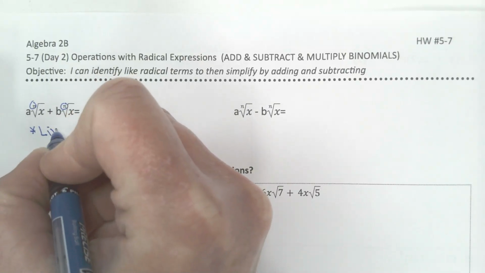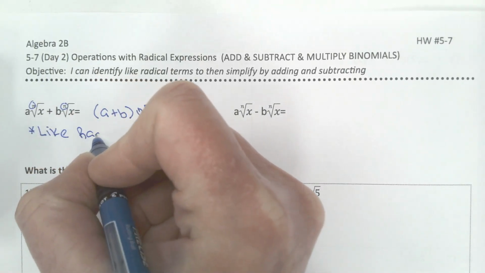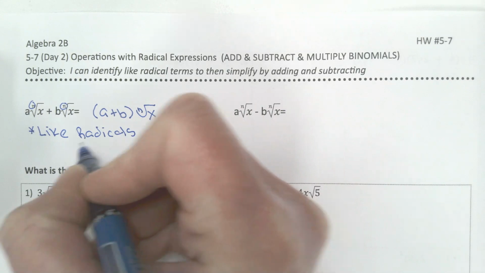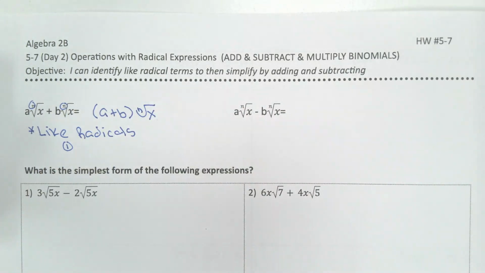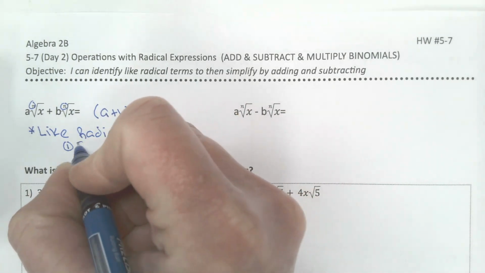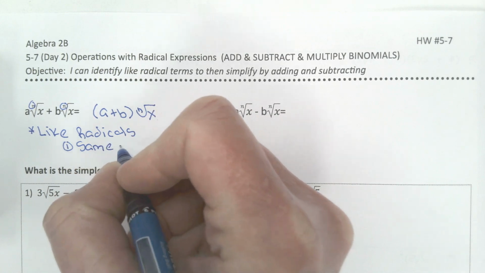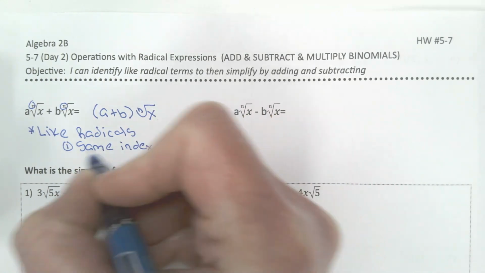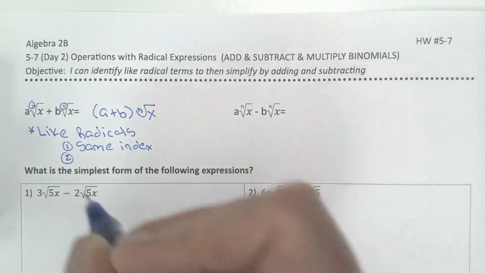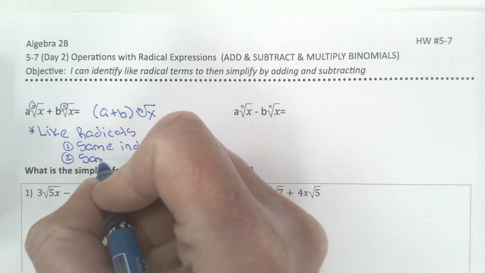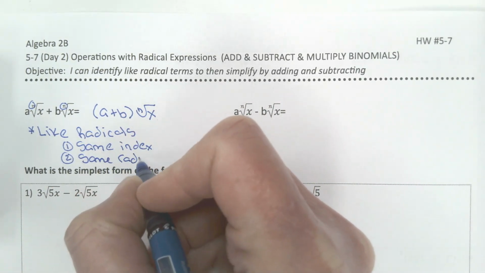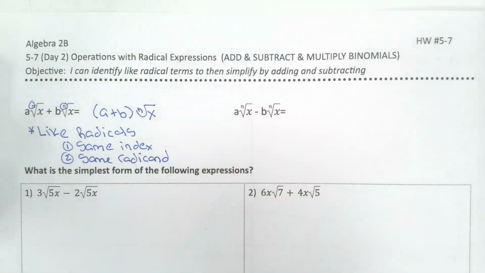So in order to have like radicals, you have to meet two criteria. Number one, you have to have the same index, and you have to have the same radicand.